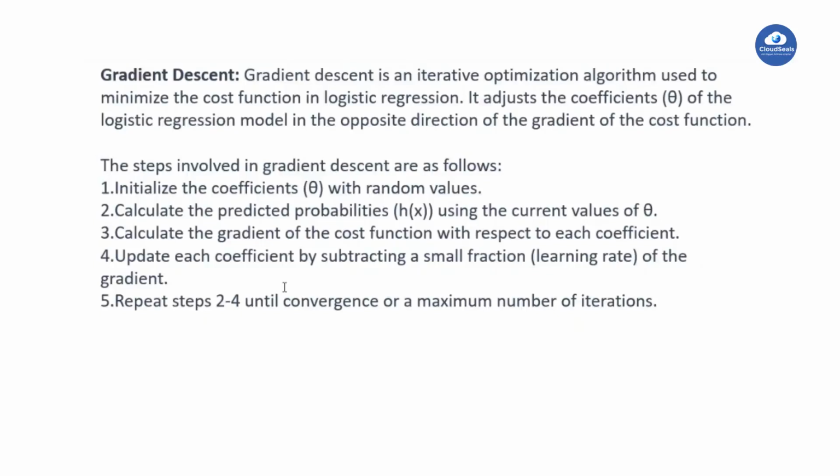Did you understand? Yes, ma'am. First, gradient descent takes some random coefficient values and calculates the cost function. Let's say it takes high coefficients at random.